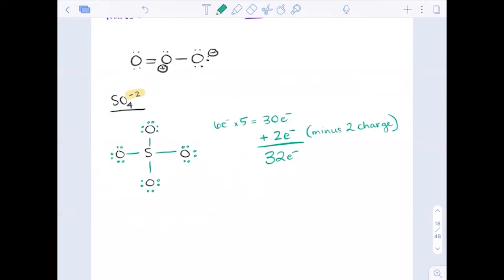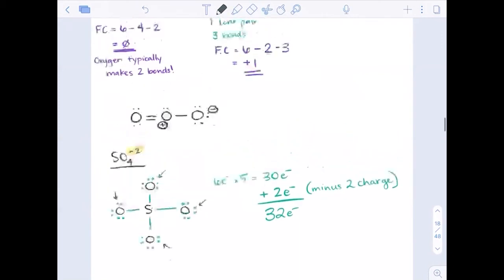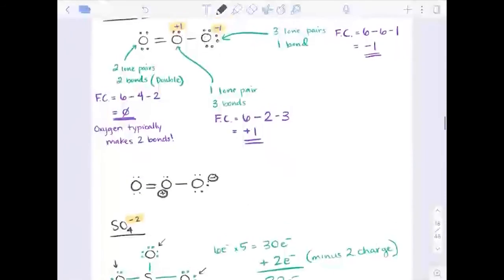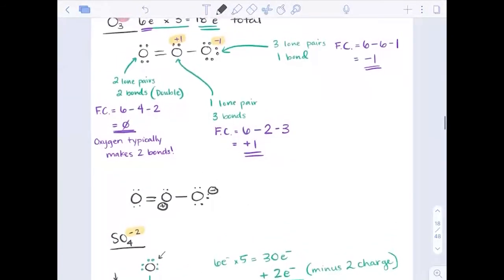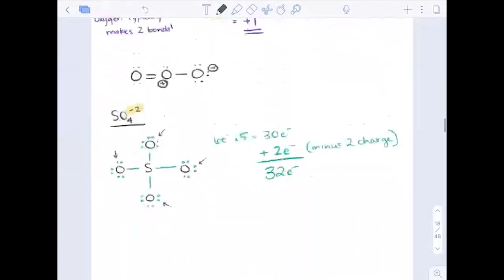I'll double check and say, yep, I've gotten all of my octets. Everybody has an octet, but let's look at formal charges. All the oxygens look the same. So if I calculate one, I know the other ones. It's going to look like the guy on the right-hand side when we had 3 lone pairs and 1 bond.